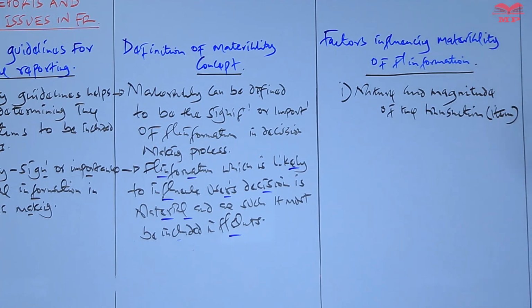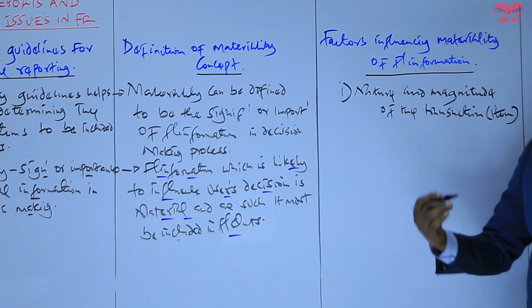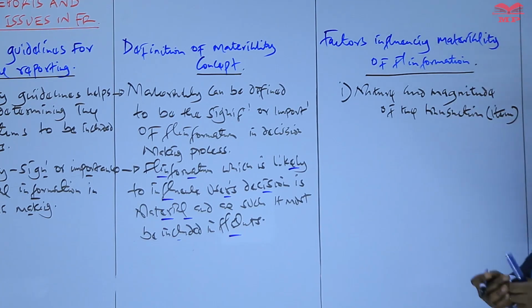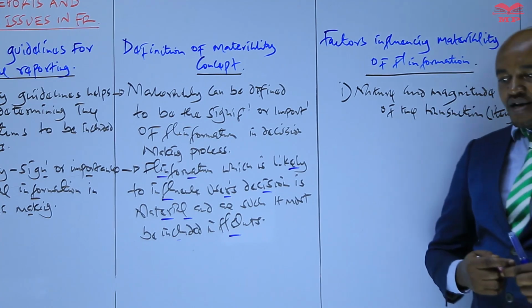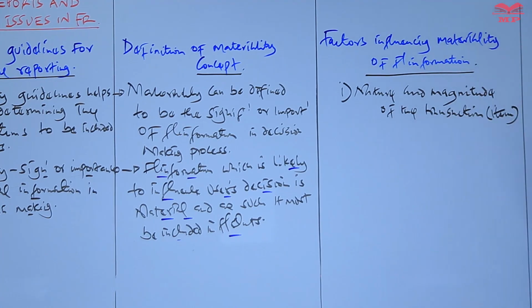When we talk about the nature and the magnitude, we are referring to the amount involved in a certain transaction. Generally, large transactions, those which involve huge amounts of money, we say are material.